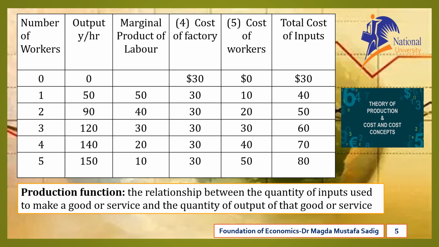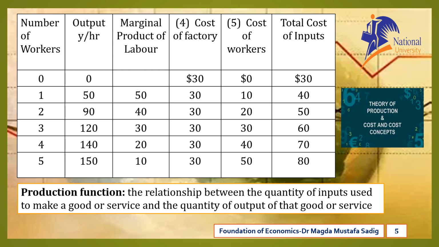So column 4 is a fixed cost, and column 5 is the variable cost. The fixed cost remains fixed at all levels of production, and the variable cost increases with the increase in the output from 0 up to 50.